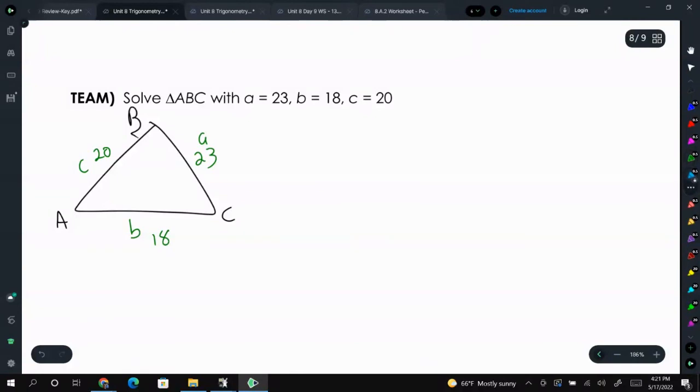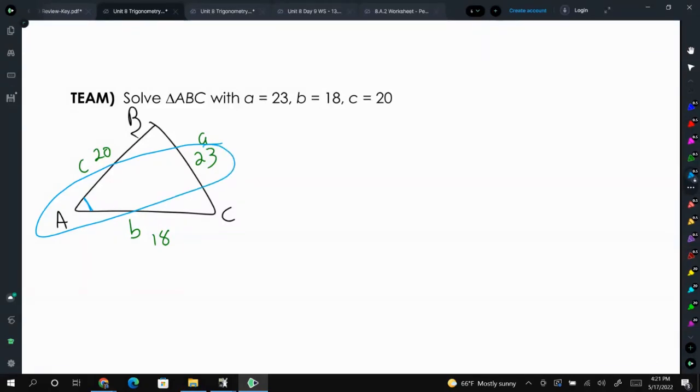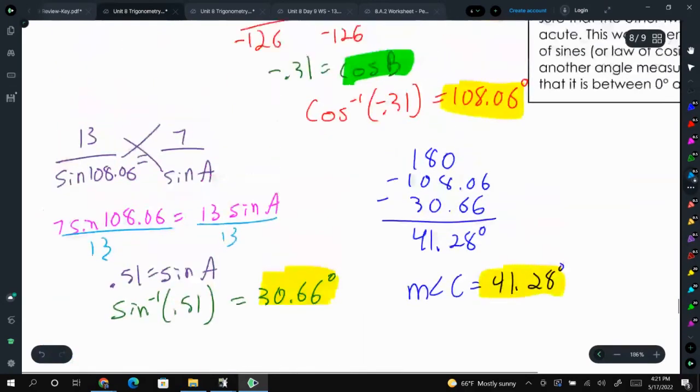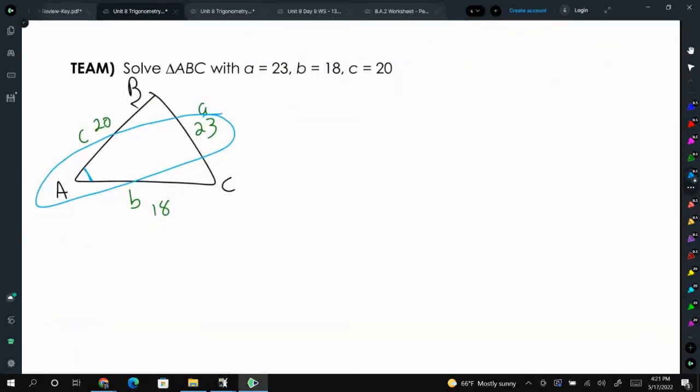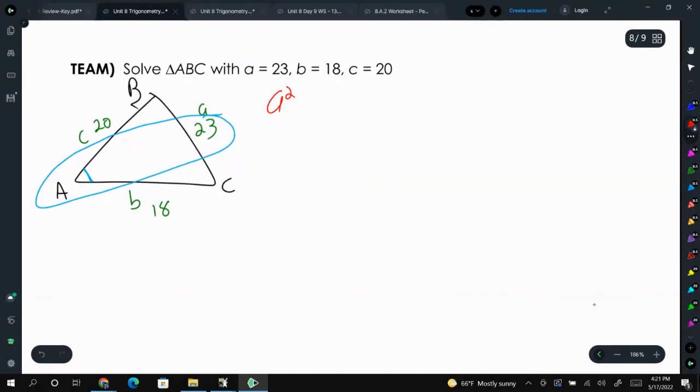Okay, so when you're doing the law of cosines, you're going to find angle A first. You're going to find this angle and then find the other ones, just like what we did up here. So the law of cosines formula you're going to use is a squared equals b squared plus c squared minus 2 times b times c times the cosine of a.